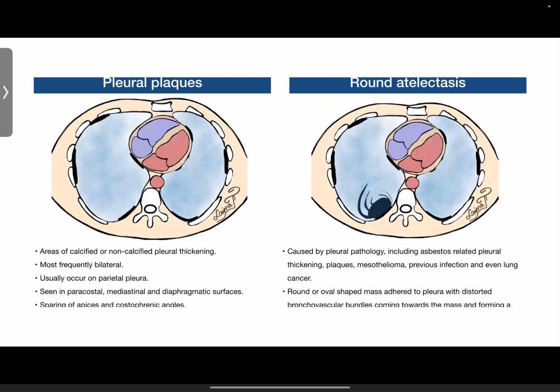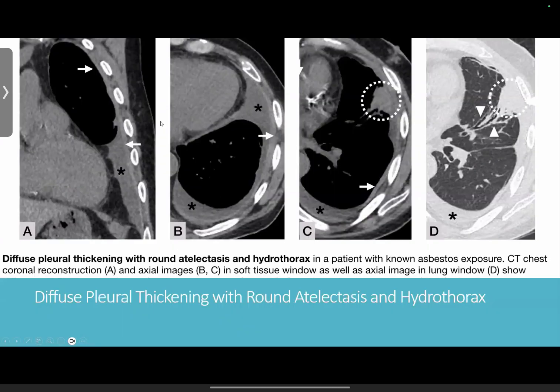They're more in the lower lung. Now, the rounded atelectasis, as you know, is kind of pathognomonic for asbestosis. It's a round or oval-shaped mass adherent to the pleura with distortion of bronchovascular bundles, forming a sort of spiral-type configuration. So let's take a look at some of these on CT.